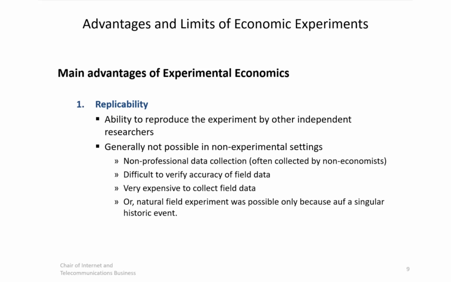Generally, replicability is not possible in non-experimental settings. For example, it might be that the data collection was not done professionally, and further it might be difficult to verify the accuracy of field data, and also it's very expensive to collect field data, or basically natural field experiments was only possible because of a singular historic event, and it's never going to occur. So it's not possible to replicate it again, right?